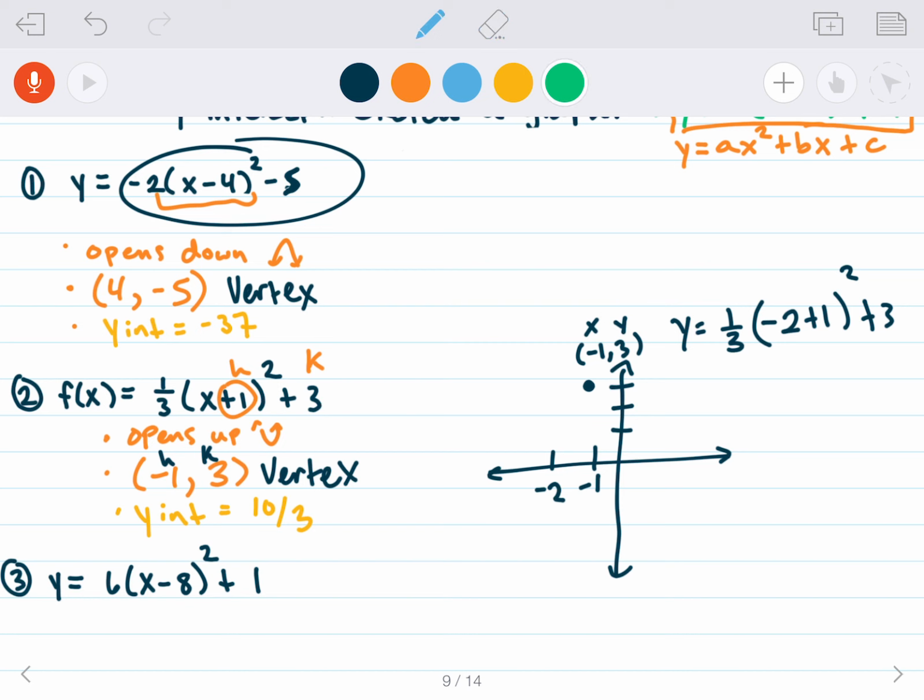And again, I'm just plugging in -2 for x because I saw it was to the left of the vertex, and I'm seeing what I get out for y. So -2 plus 1 is -1. We get y equals 1/3 times -1 squared plus 3. -1 squared is +1. So 1/3 times 1 plus 3.